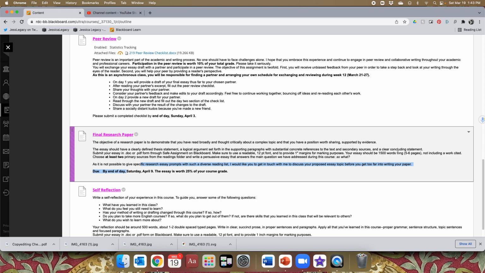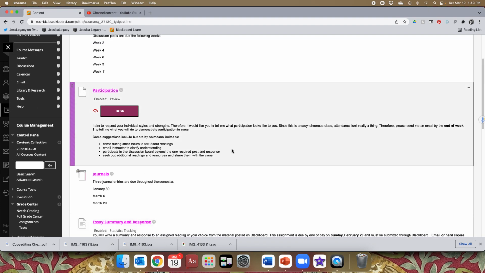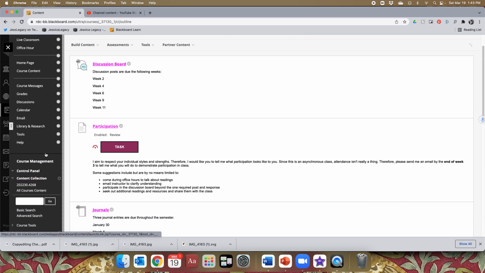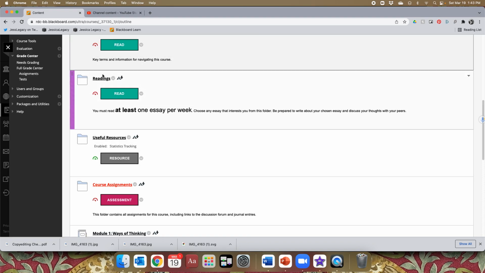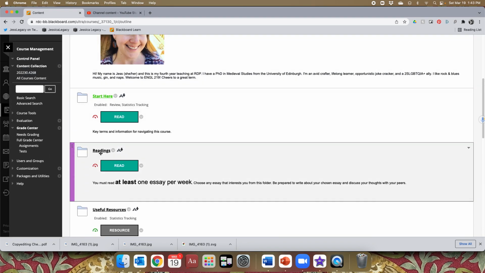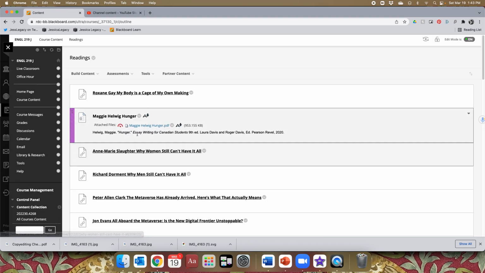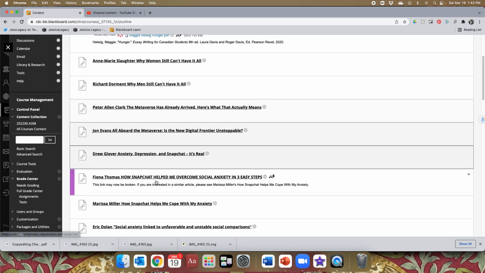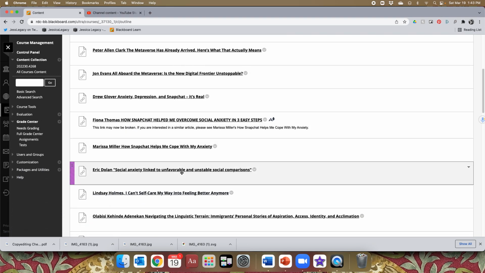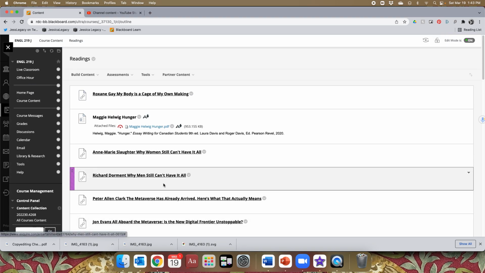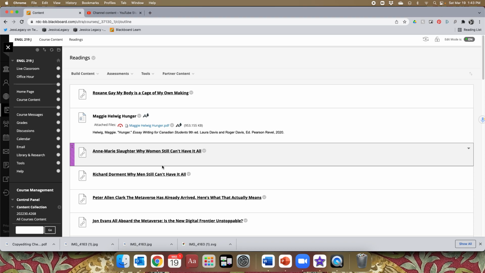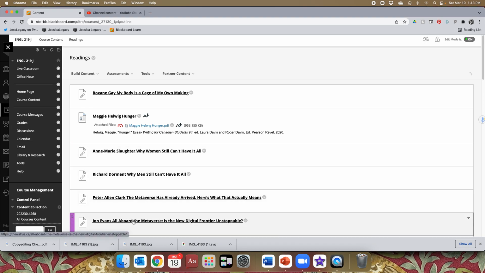You are looking at a couple of the essays that you have read from the readings folder. You're choosing 2 of them that work together, that pair nicely as your primary sources. You are engaging in the material that is in those sources by coming up with your own argument.